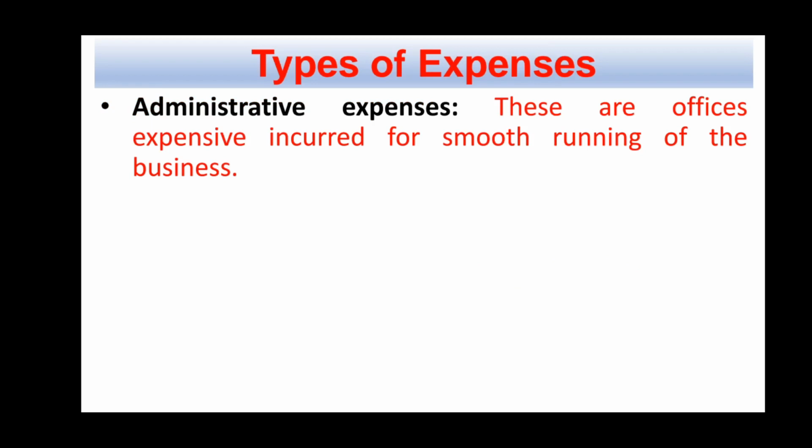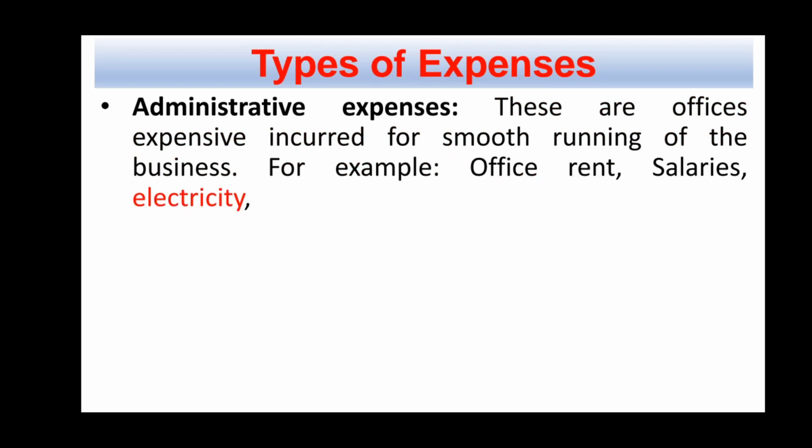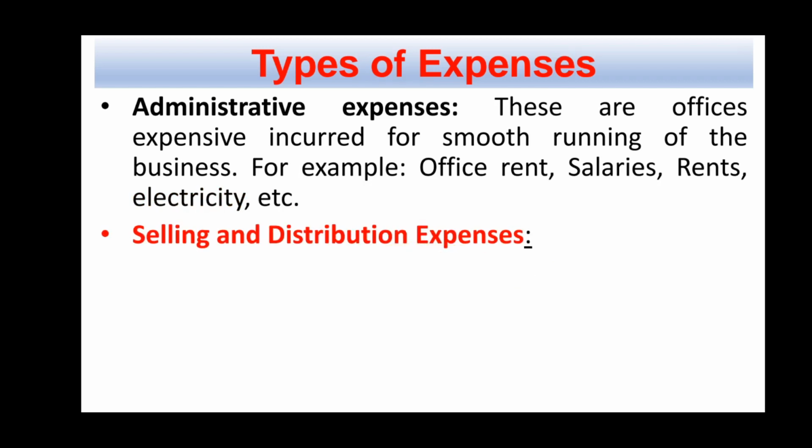These are office expenses incurred for smooth running of the business. Any expenses within the office, for example, office rent is an administrative expense. Salaries of the workers in the office is an administrative expense. Payment of the electricity, among others.